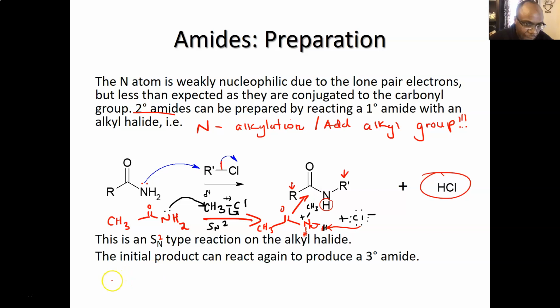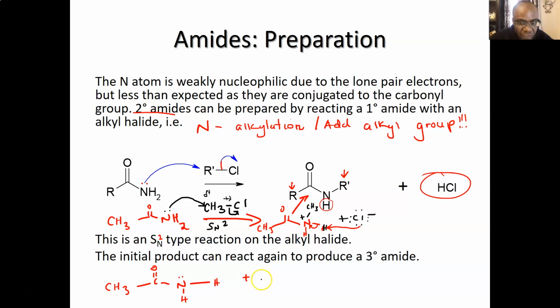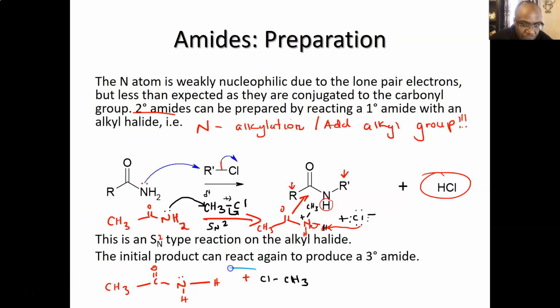As always, I'll give you the shortcut. So if you have at least a hydrogen on your amide, and we are adding an alkyl halide, the shortcut is to know that you're going to lose a small molecule, usually water or HCl.